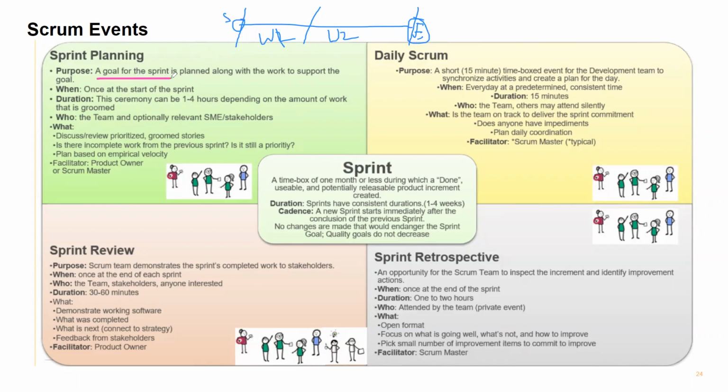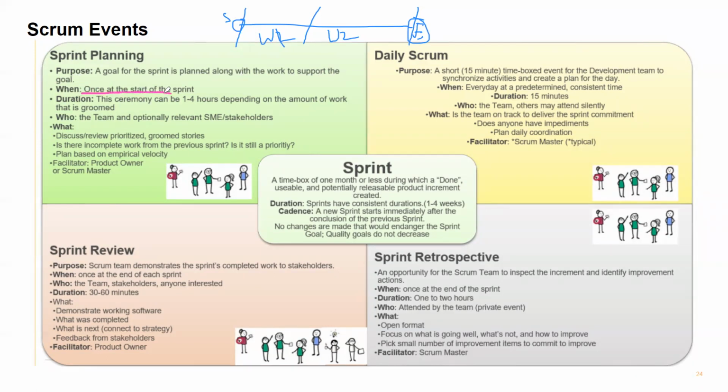That is what they say. The goal of sprint planning is planning the work along with the work to support the goal. So what is the goal that we discussed earlier? Sending an email to the recipient in a secured way. So that is the goal. So you'll plan it.